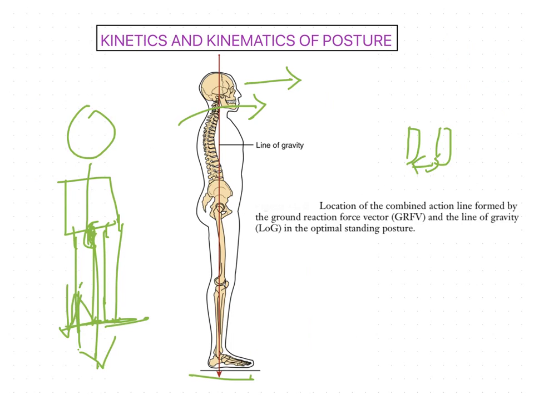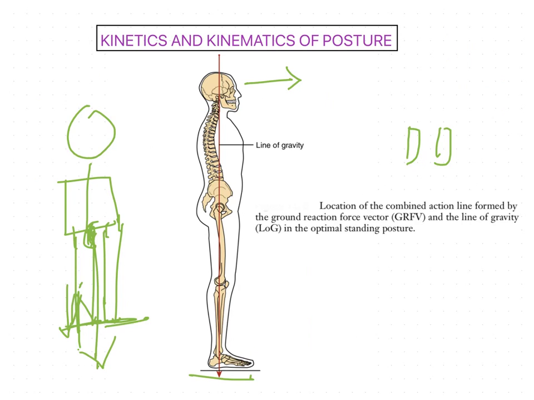So these are all about the kinetics of the posture. Now we will move on to the kinematics of the posture. Here the effect of external forces on the body segments during standing is determined by the location of the LOG in relation to the axis of motion of the body segments.